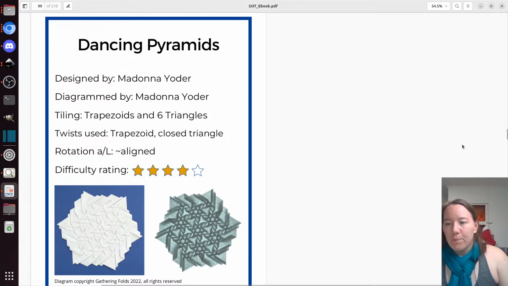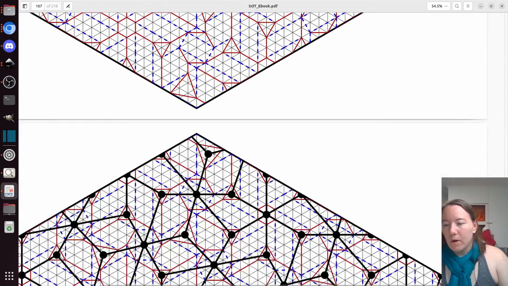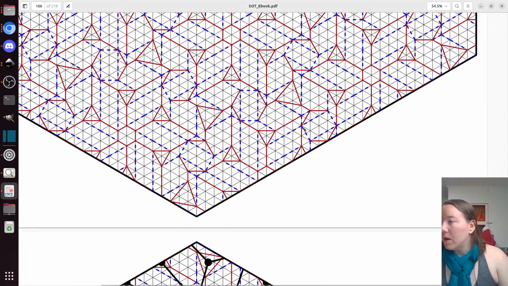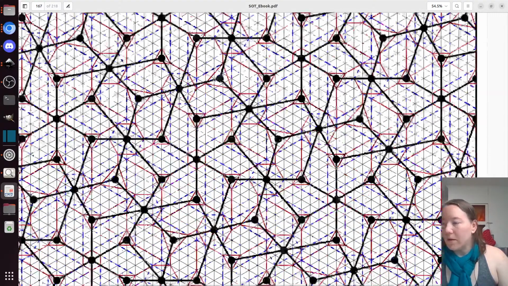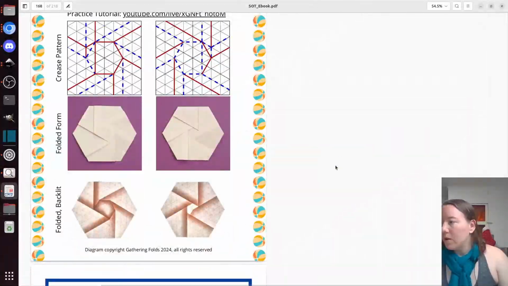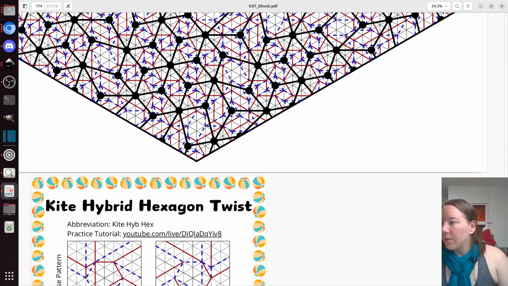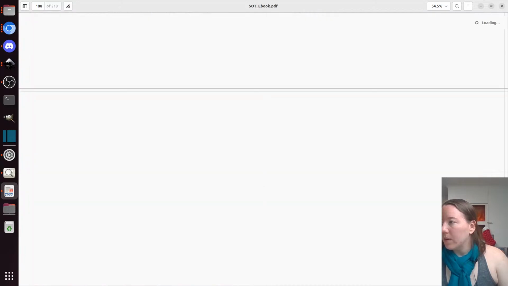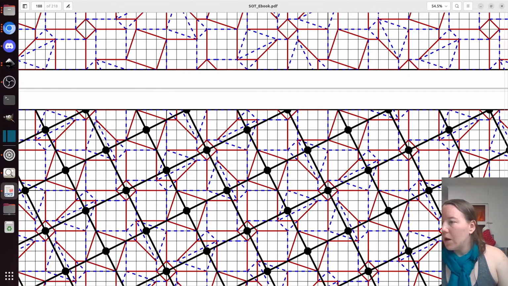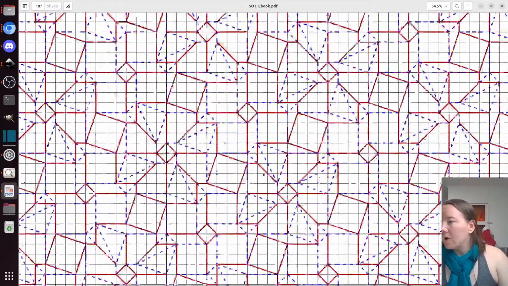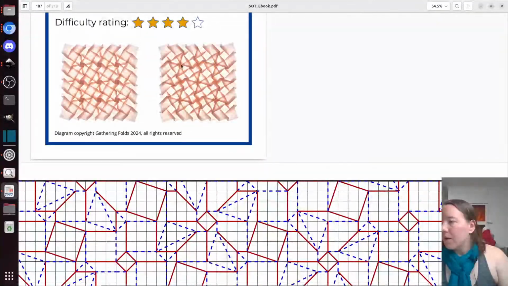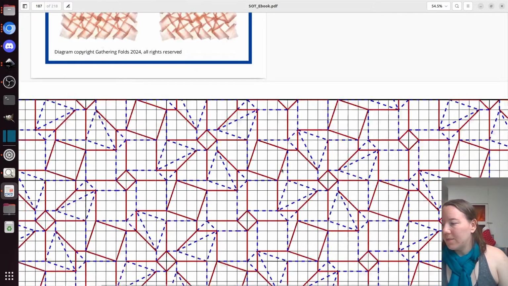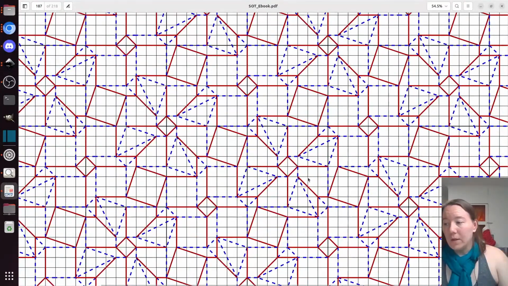And so just going to take the scroll bar and jump down a ways. This one's another hexagons and triangles 6-fold, and all of the hybrid hexagons are going to be in that. Here we've got a very interesting hybrid square twist, which is going to be used with other square twists in a square tiling.